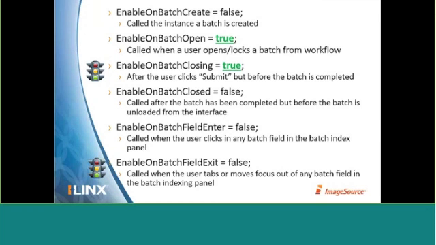The on-batch closing and on-batch field exit, identified there with the little traffic light symbol on the left, return a true or false, which tells the ILINX Capture framework whether or not to continue with the operation. So if you create a custom extension and you're doing some validation, and the user inputs something that's just not correct, you can halt the ILINX Capture data flow until the user provides valid data, and then by returning true, you can allow that process to continue.